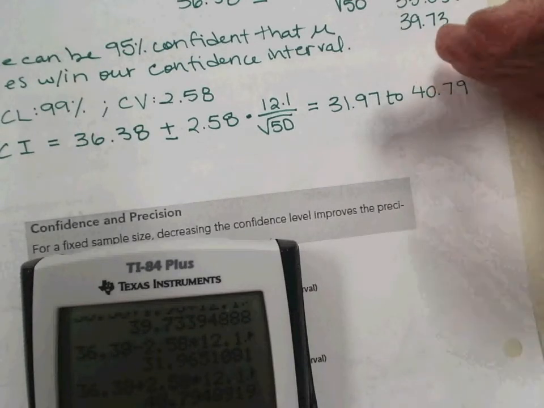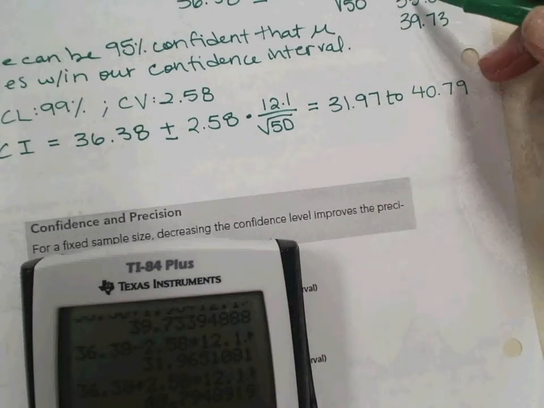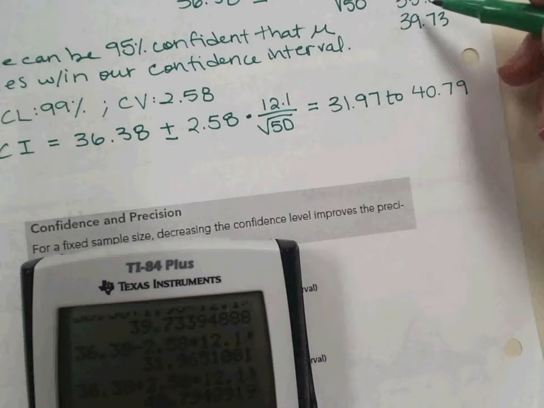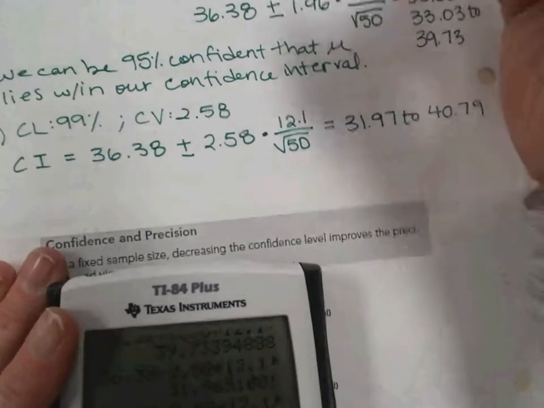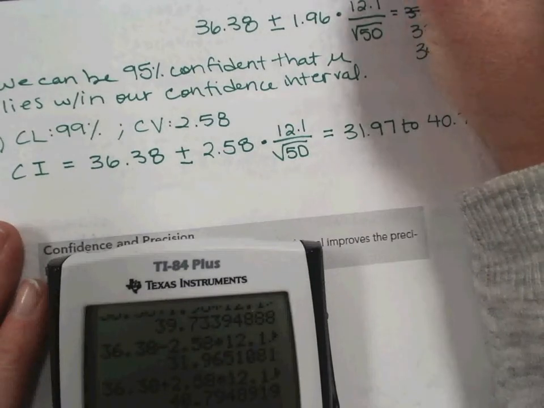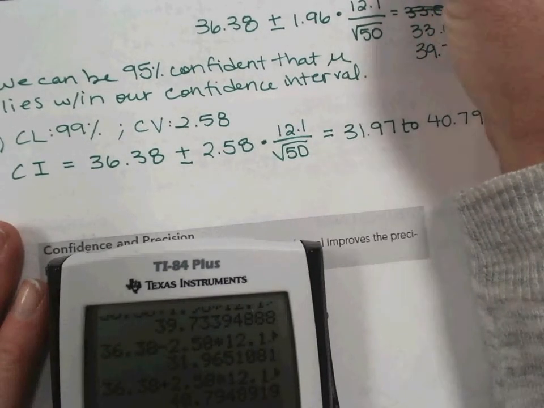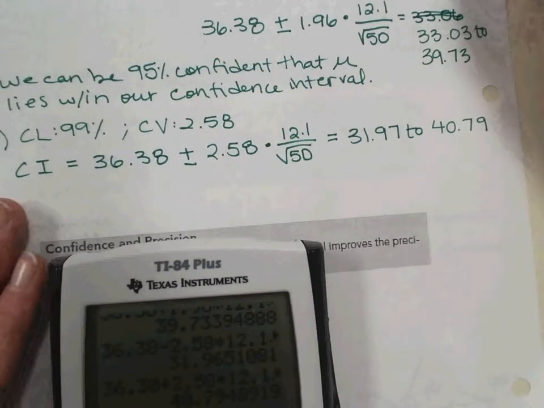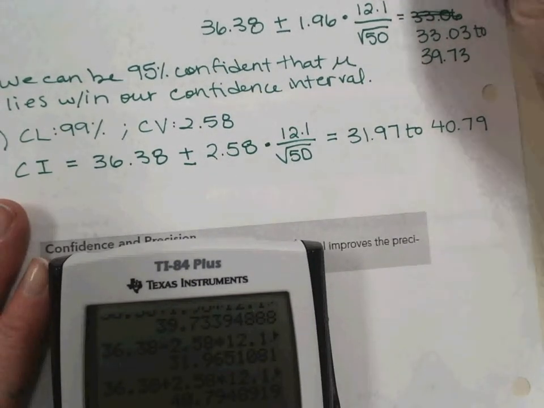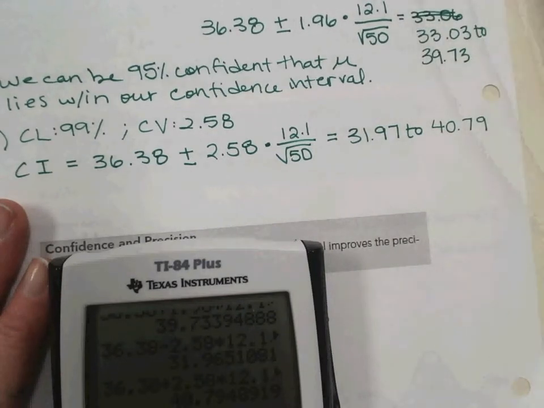All right. So when we had a 95% confidence level, what was the length of our confidence interval there? You can find that by just subtracting. I'm just going to make a note of that. What'd you get, Shelby? So if we just subtract 39.73, and you could really just probably do that in your head. Yeah.